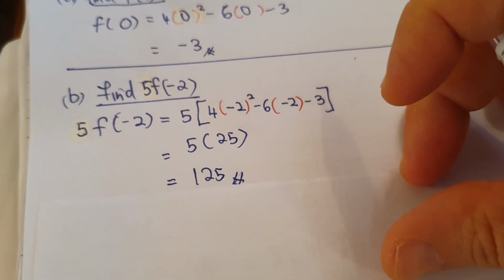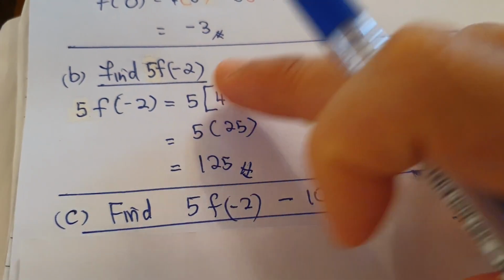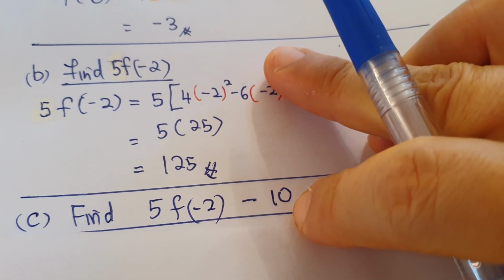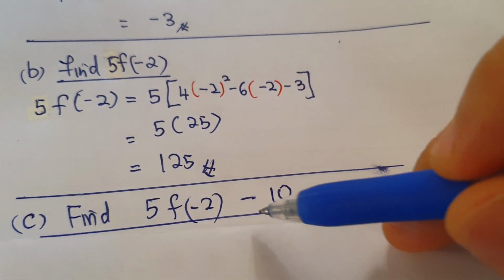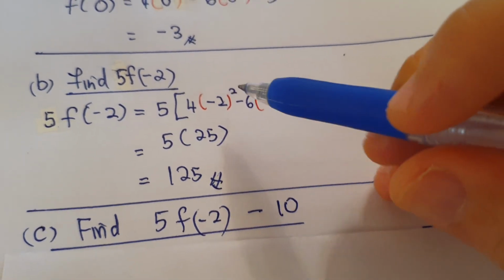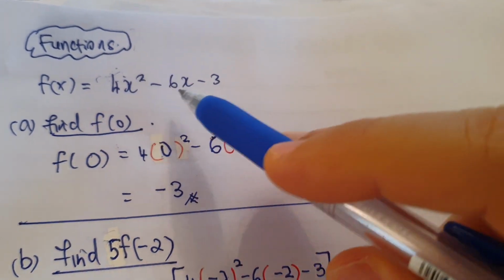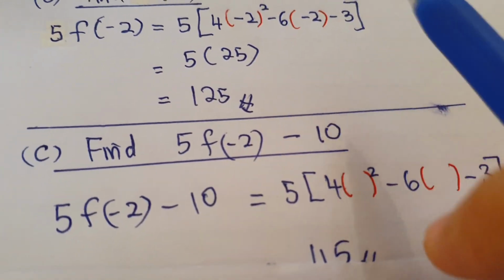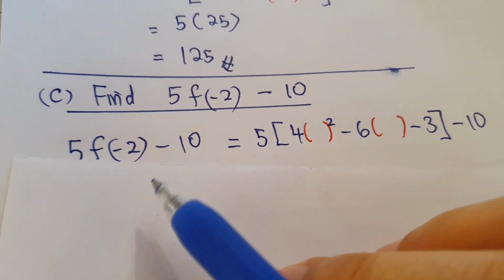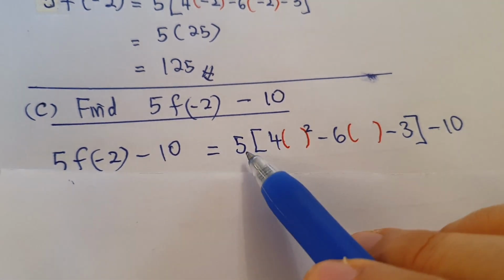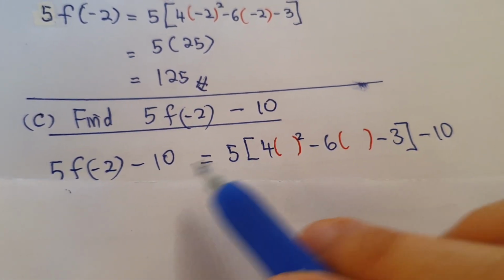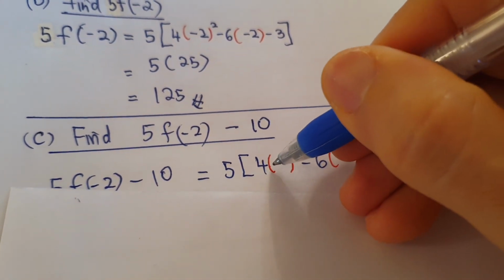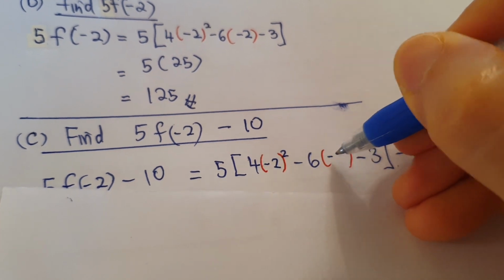Alright? Okay, last question. What if I have question B, same thing, everything the same, but I put a −10 at the back? Does this −10 belong inside here? No, it does not. Just to remind you, this 5 is in front, and then the f(x), which is −2, you write as it is, and then you substitute −2, replace the x with −2.